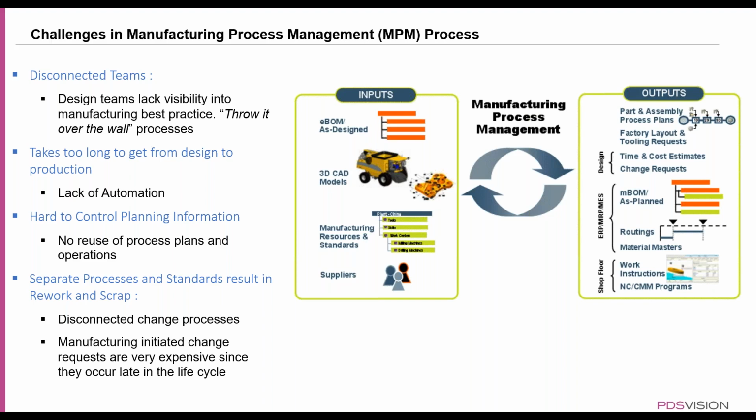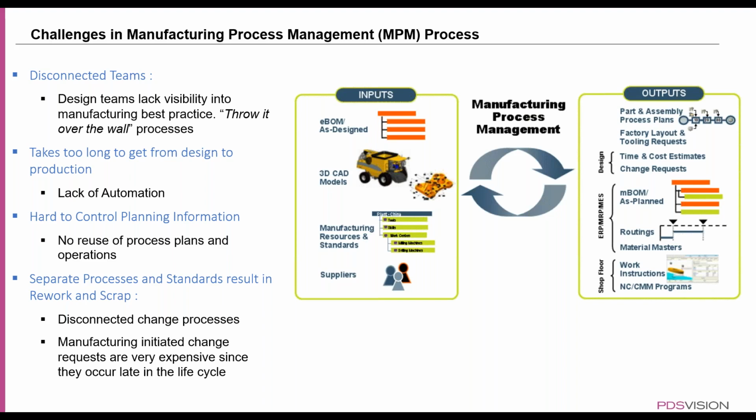The third is that it's very hard to control planning information because we're not reusing these processes. Every time we're building a new product, we basically build the process plans for it from scratch, without reusing, because all these processes are stored in different systems, or on someone's local drive somewhere.